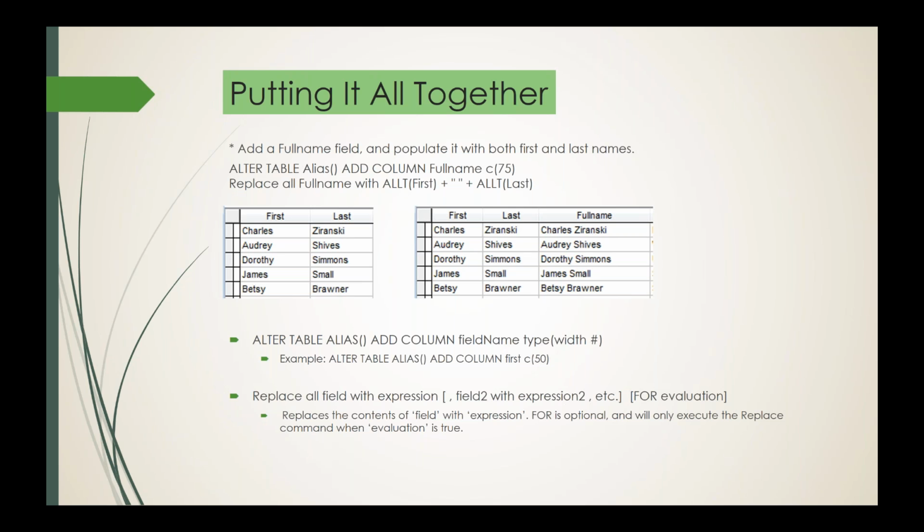The next line, we're going to drop down a line because now we're writing an actual new command, is replace all full name with altrim first, so basically the first field minus any leading and trailing spaces, plus quote space quote, which is just a single space, plus altrim last, the last field without any spaces as well.